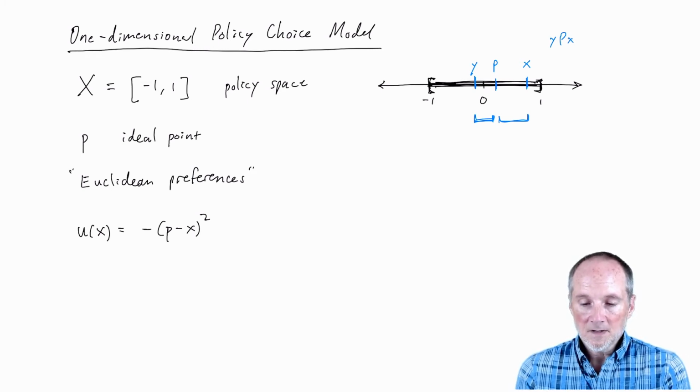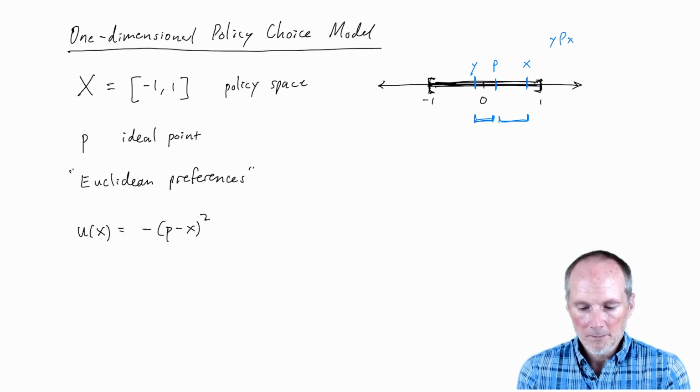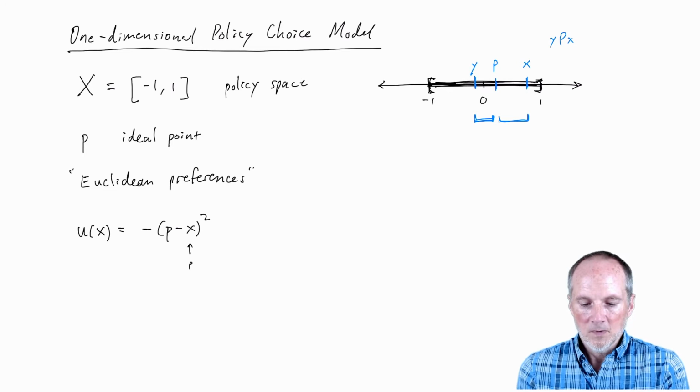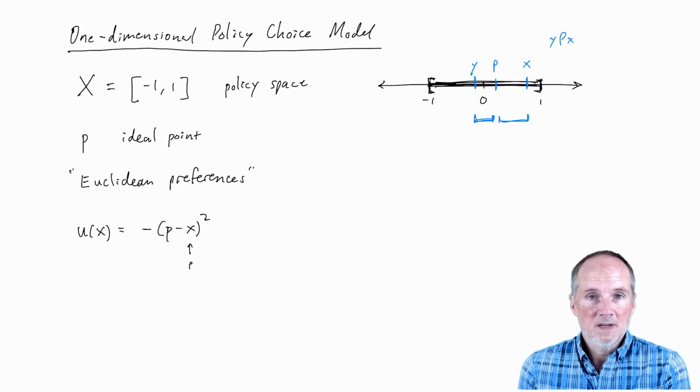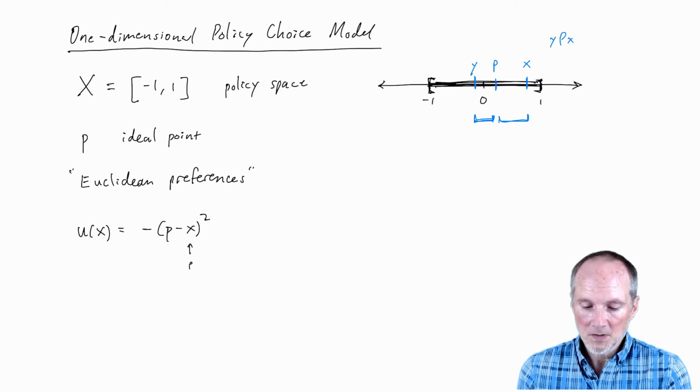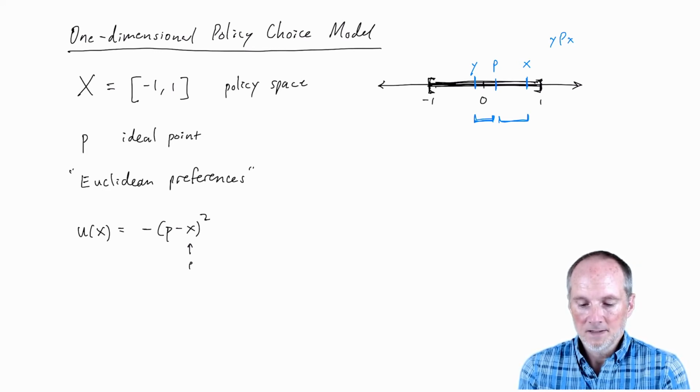We plug in a policy x, it has to give us a number, and the rule for utility functions is that it has to assign higher numbers to better alternatives. If we plug in a p for x, the utility is (p minus p) squared times -1. Well, p minus p is 0, so the utility from that ideal policy is 0.